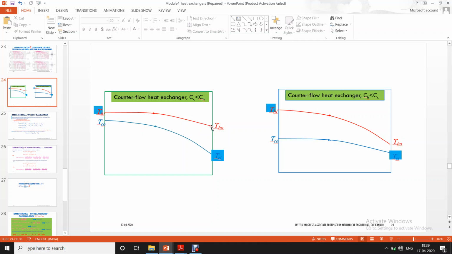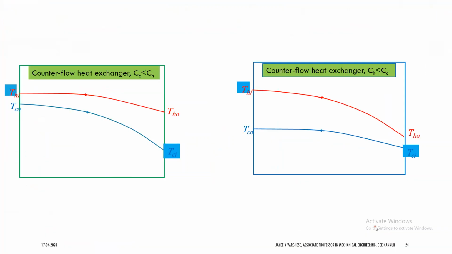So what if the length is increased to a very large value, maybe infinity? Actually, we cannot increase it to infinity, but as a limiting case, what will happen if we increase the length or the area of the heat exchanger to infinity? We have a heat exchanger with infinite area. Which fluid will have more variation of temperature?